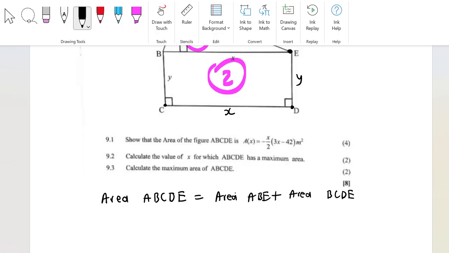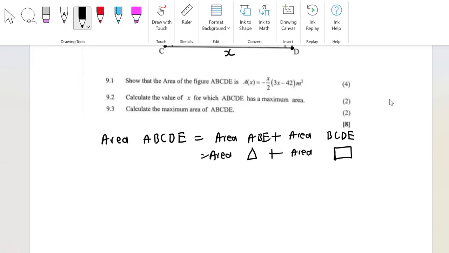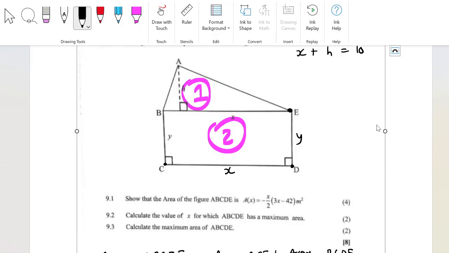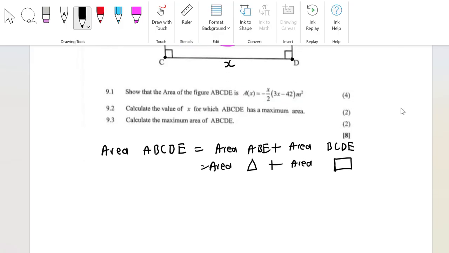So basically, it's equal to the area of a triangle plus the area of a rectangle. I'm going to break it stepwise. But now if you check here, the second one is already easier, right?